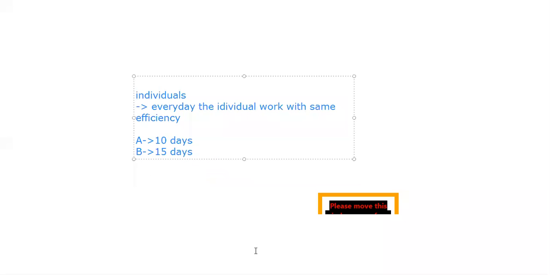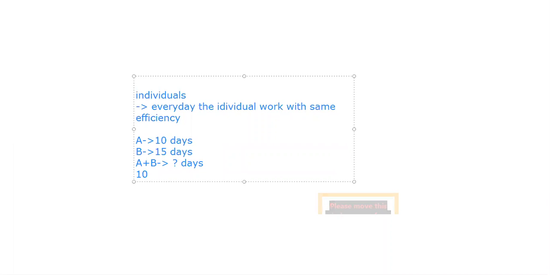So this is the basic assumption. Now A plus B can complete the work in how many days? We know A is 10% and B is 6.6%, so together they will do 16.6% of the work in a day.